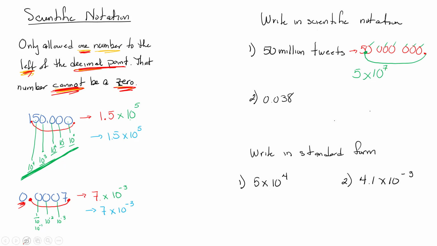Cool. Let's see if you can follow along with what I'm doing on the second one. My decimal point is there, 2 places, which means I'm going to have 3.8, and I know I skipped places of 10. I skipped 2 places of 10, but when I move to the right, the exponents are going negative. Does that make sense? Cool.